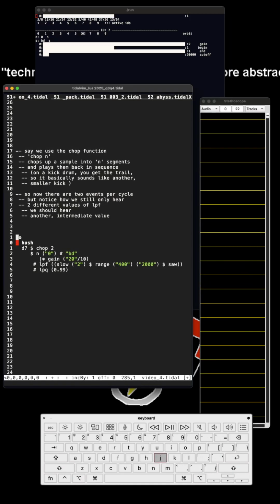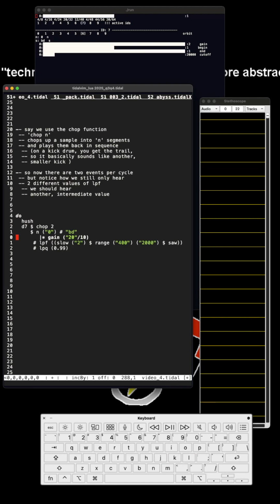Now say we use a chop function to chop this kick into 2 halves, where the first half of the kick is played back, and then the second half is played back. But we still only hear 2 values for the low pass filter. There are no other intermediate values. It's just the same value being played twice.